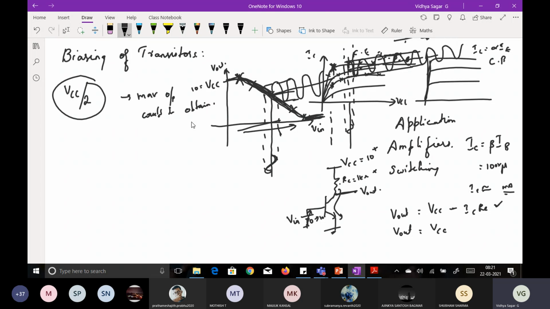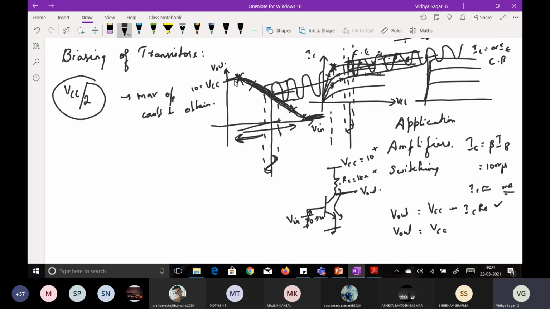Let us say that I'm applying your input less than your VCC by 2 in this end. The possibility of the output waveform getting beyond, so you could either go low or above. What I'm trying to say is your output current will be 0 or voltage.